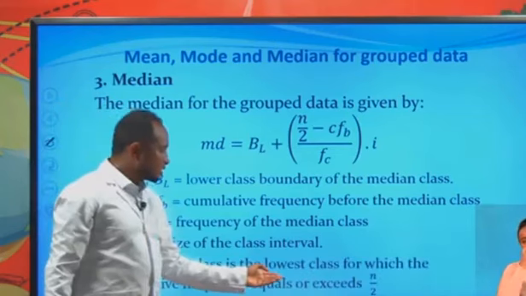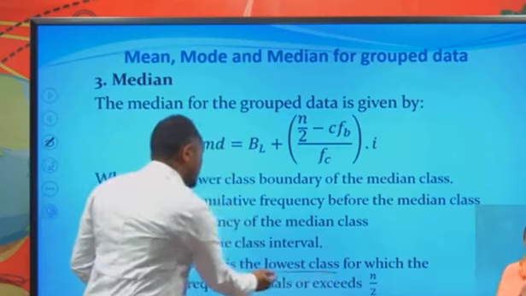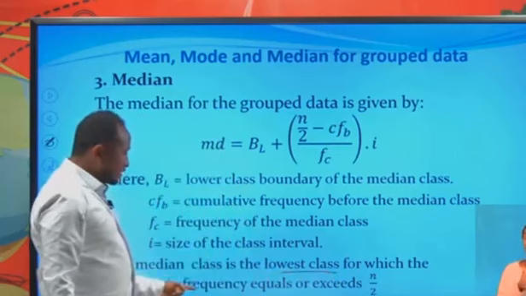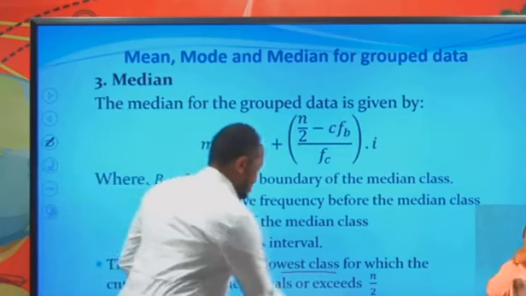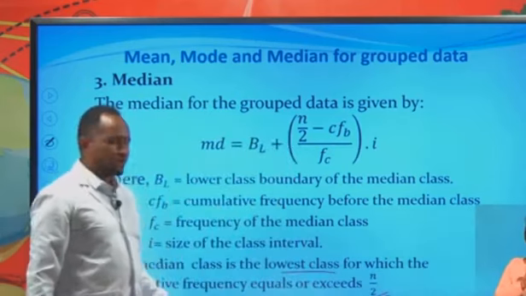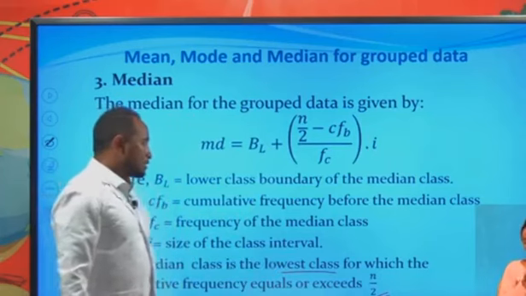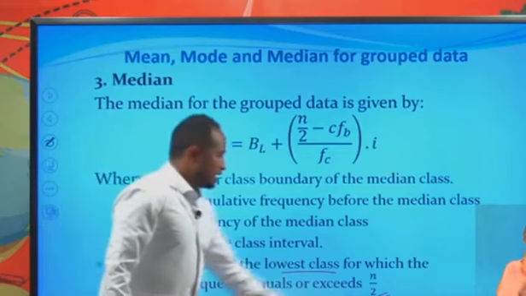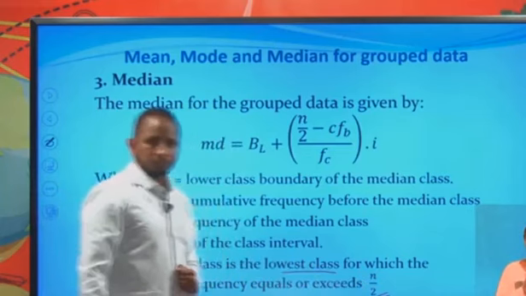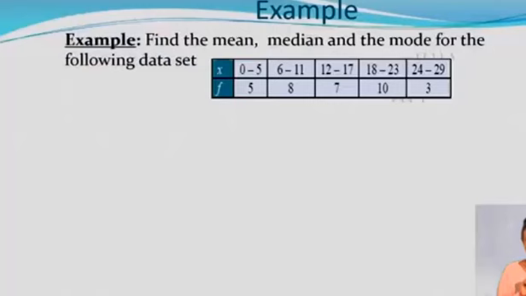The median class is the lowest class for which the cumulative frequency equals or exceeds n over 2. The lowest class with cumulative frequency exceeding or equal to n over 2 is the median class.